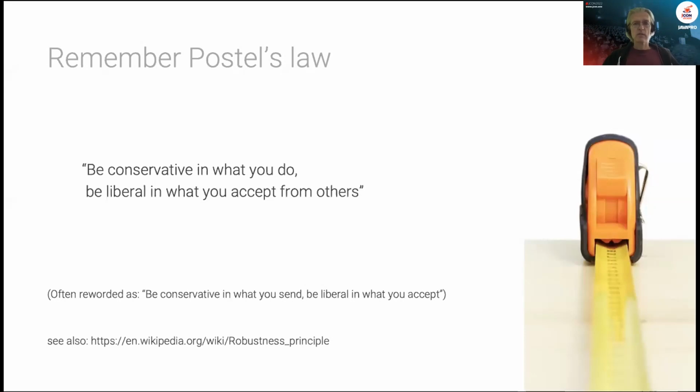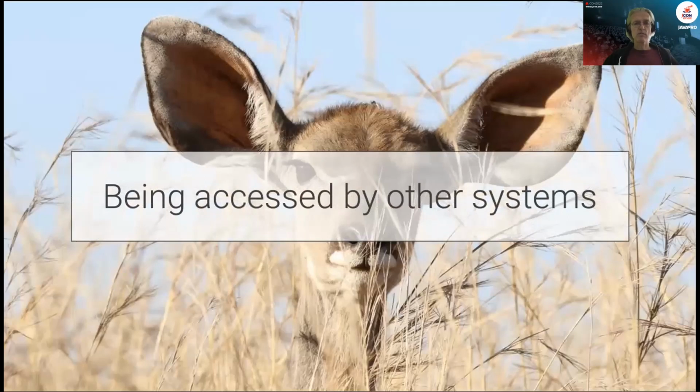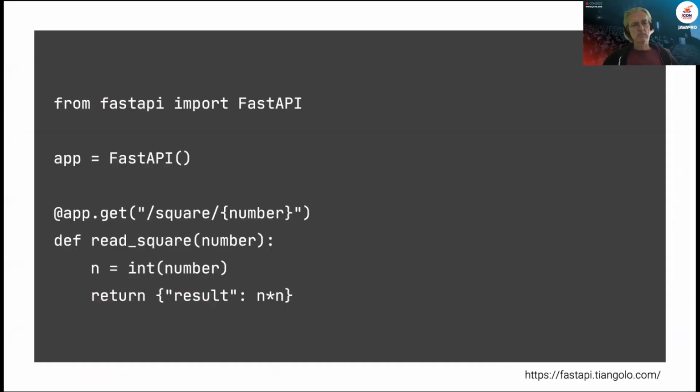So much about downstream. Let's briefly touch upstream, so being called by other systems. And let's have a little example here again. Again, Python, I use FastAPI as HTTP server here. But in the end, it almost looks the same as some Spring Boot code or something like that, so you can read that immediately.